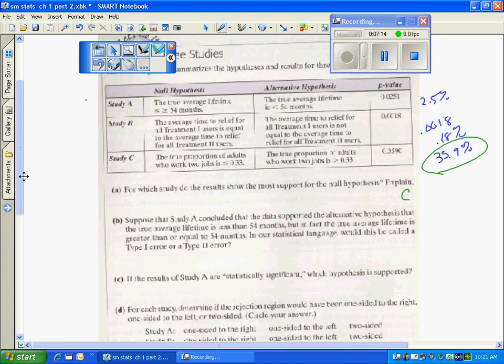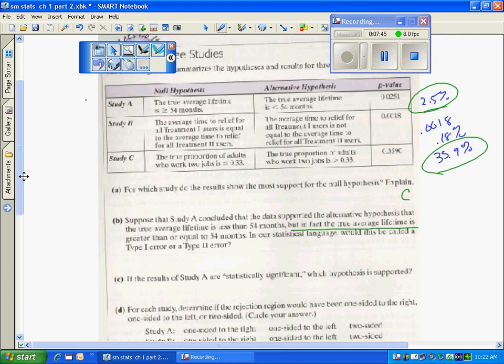Study A concluded that data supported the alternative. So if I look at study A, 2.5% of the time this observation was going to occur out of my null. Pretty unlikely, so I'm going to go with my alternative. So the data supported my alternative. Now, in statistical language, what would this be called? A type 1 or type 2 error? Well, in fact, my data was wrong. I should not have rejected, but I rejected and made a mistake.